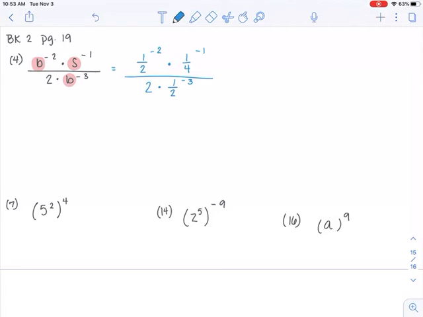Looking at this might be a little confusing as to how to switch everything around, so my first suggestion is before we simplify this, I'm actually going to go ahead and cross this out. I apologize for that. Let's make our exponents here positive before we plug in our numbers.